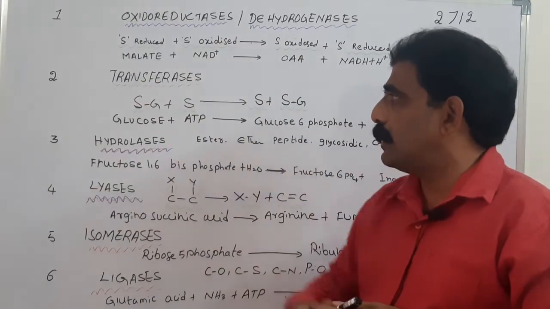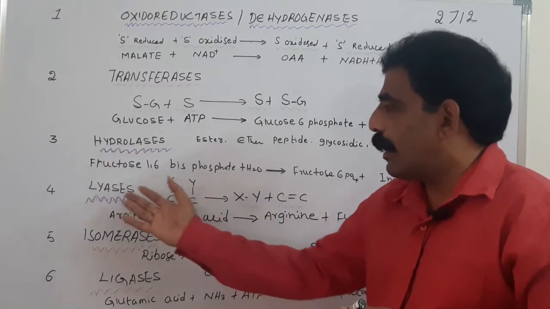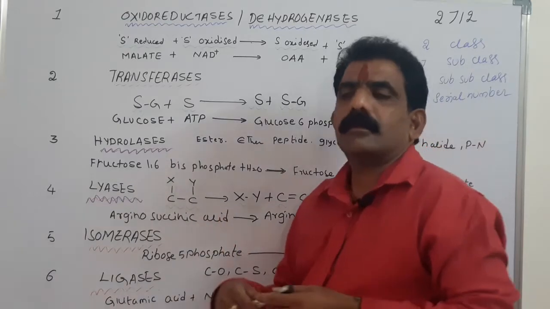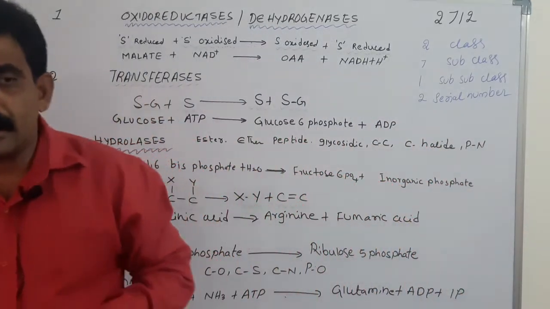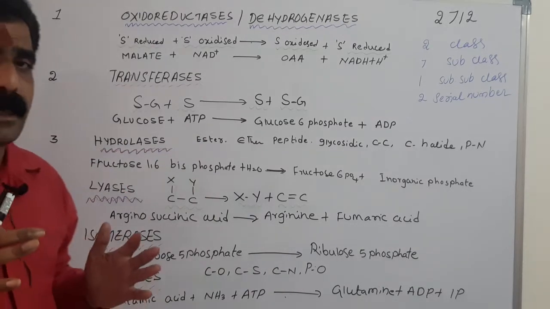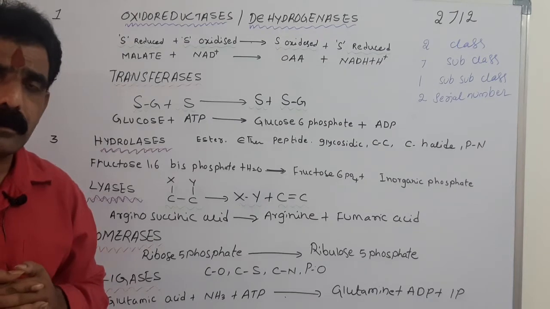And the second group is transferases, then hydrolases, lyases, isomerases, and ligases. These are the 6 major classes of enzymes, based on the reactions they catalyze, proposed by IUB.